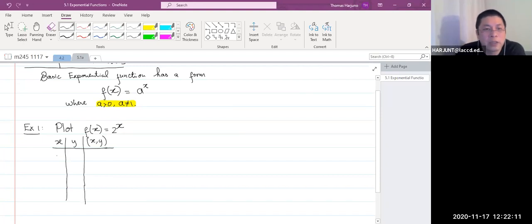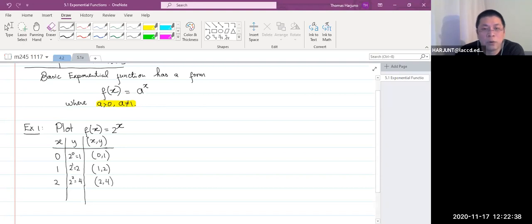So when x equals 0, 2 to the 0 is 1. So the coordinate associated to that is (0, 1). When x equals 1, the y will be 2 to the 1, that's 2. The coordinate associated to it is (1, 2). When x equals 2, that's 2 squared. For the y, that's 4.